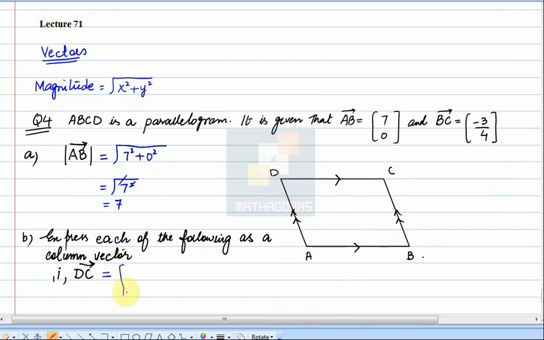So the vector DC is 7 and 0, equal to AB.